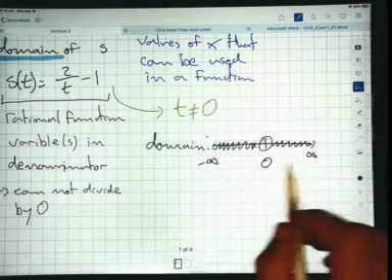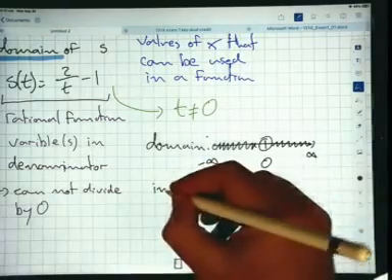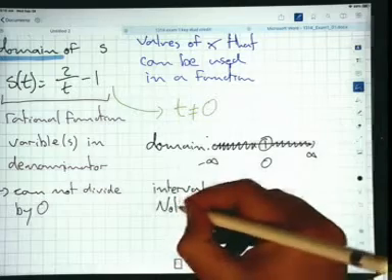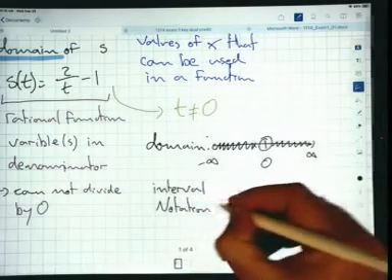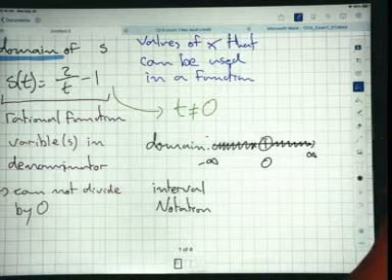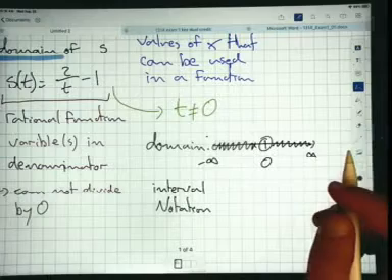So how do I express this graph in interval notation? Would you put it as an or?